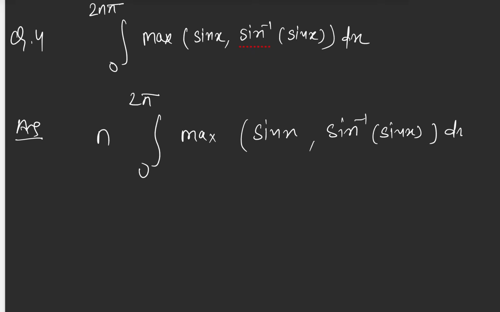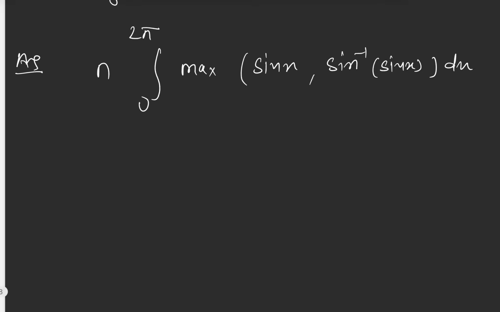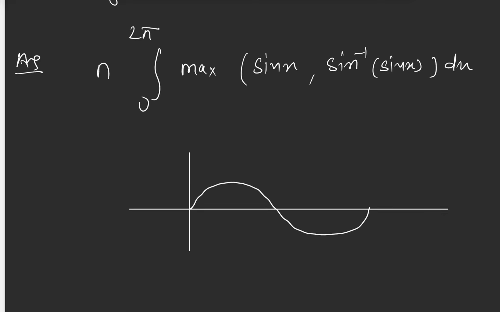Okay, now we need to solve this question. And how to solve this question? See, by the help of a graph. Okay, if we draw the graph of sin x and sin inverse sin x. So this is the graph of sin x, approximately like this only, and the sin inverse sin x graph is somewhat like this.